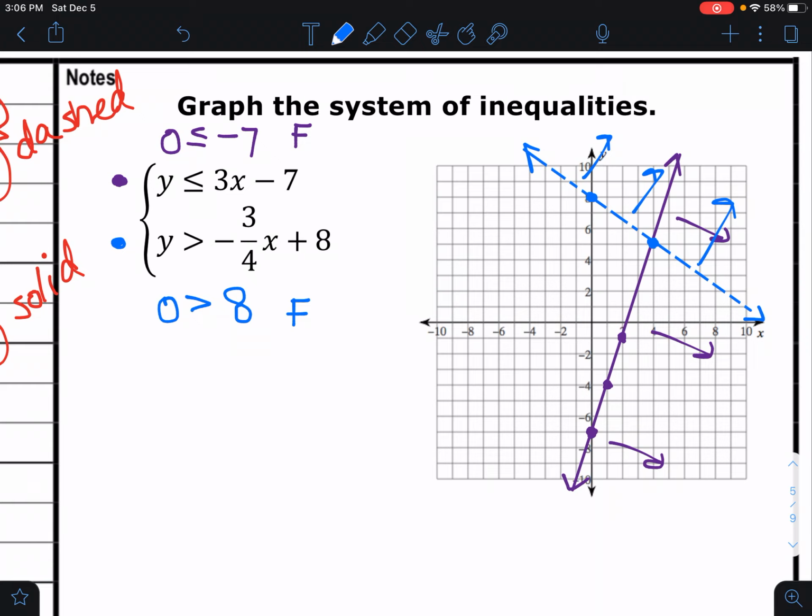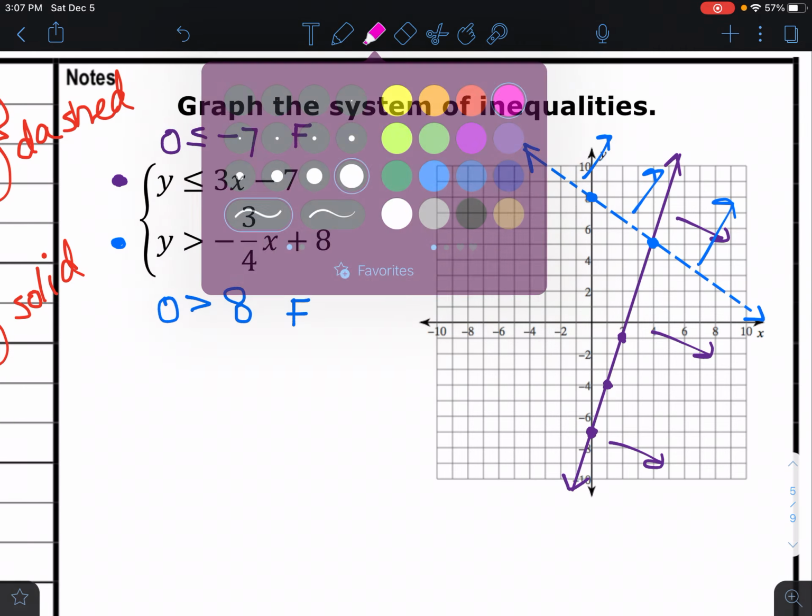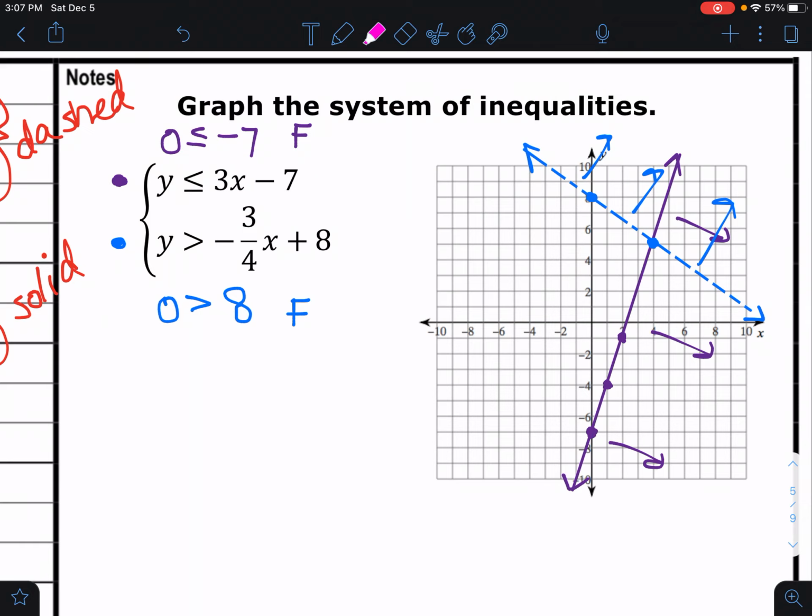What we're looking for is where the blue shaded region and the purple shaded region overlap. If you'll notice, that's this section right here, okay? So I want to shade that and make that really obvious. I'm going to use the highlighter, and we'll highlight that in there.